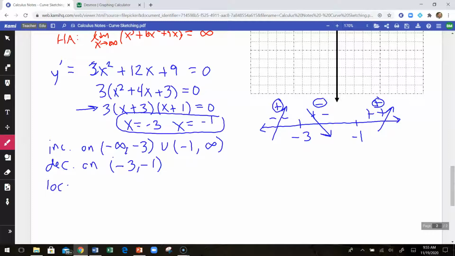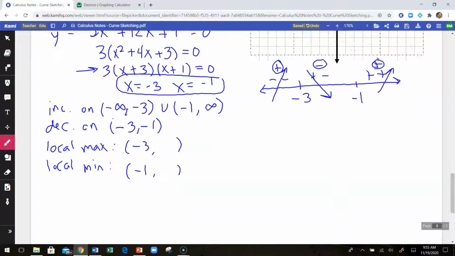There is a local maximum when we switch from increasing to decreasing. So there's a local maximum at -3. I'll find the y-coordinate here in just a second. There is a local minimum at -1. And again, we'll find the y-coordinate here in just a second.